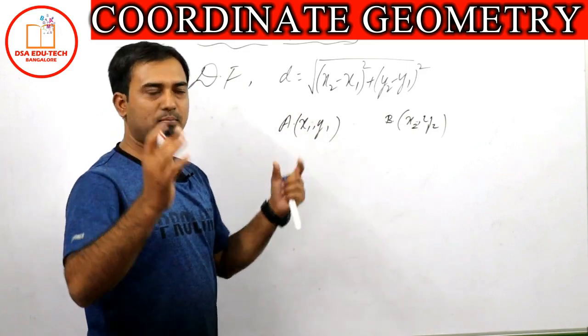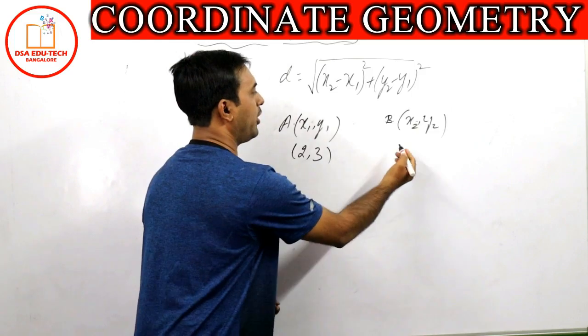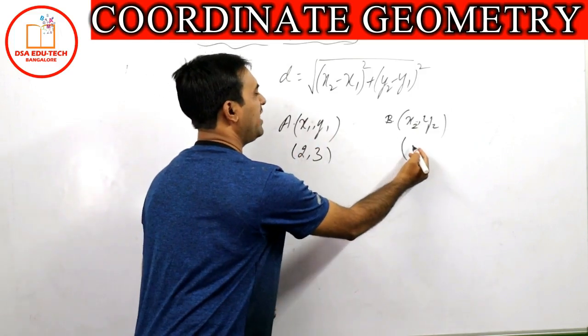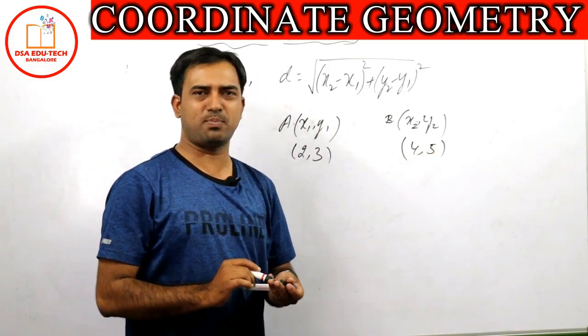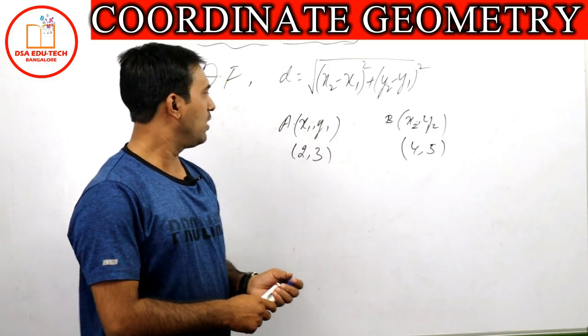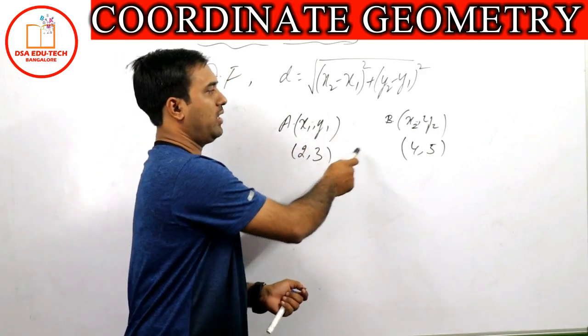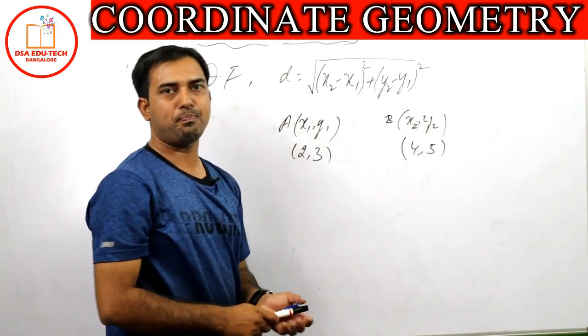Let us take some numbers. Point A is 2, 3 and point B is 4, 5. It could be any number, minus, plus, 0, anything. So x1 is 2, y1 is 3, x2 is 4, y2 is 5.